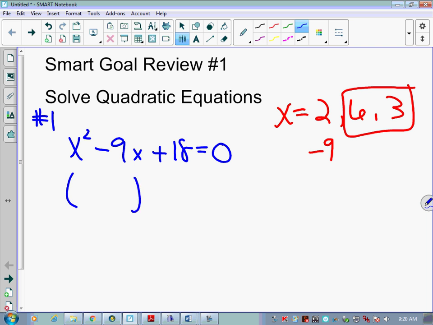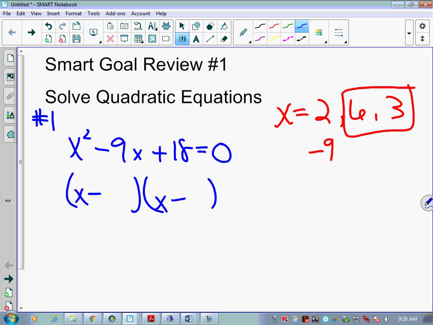Just factor it. Okay? X, x. If I have a minus and a plus, what are my 2 signs going to be? Negative and negative, right? Because negative plus a negative is a negative. Negative times negative is positive, right?